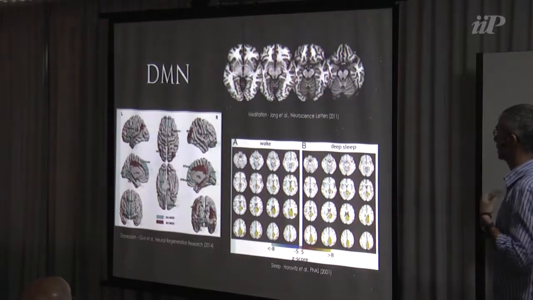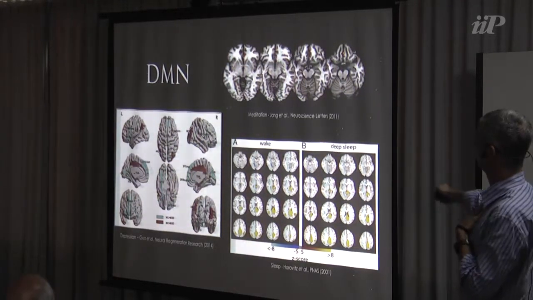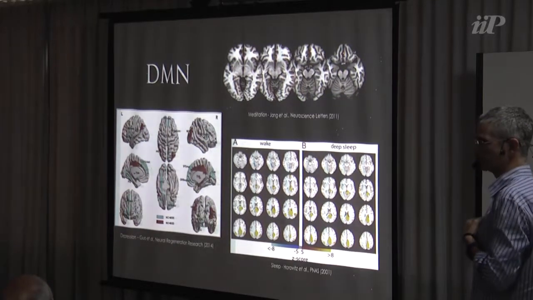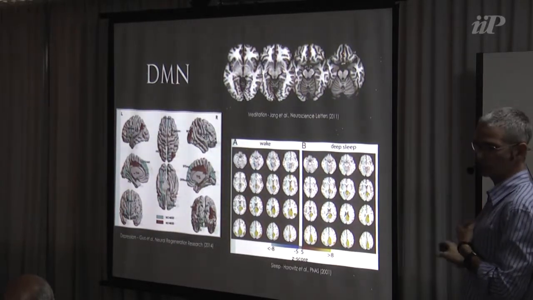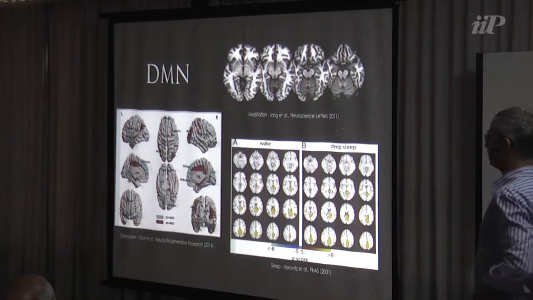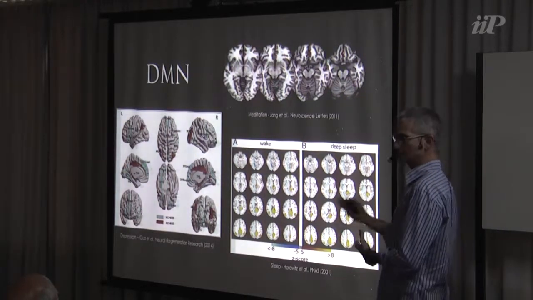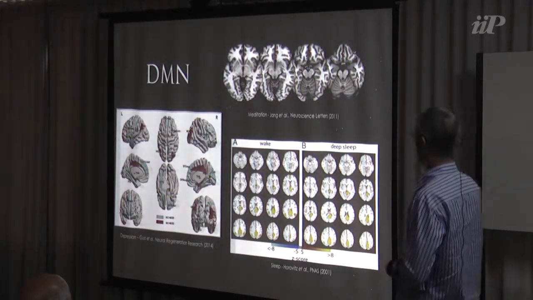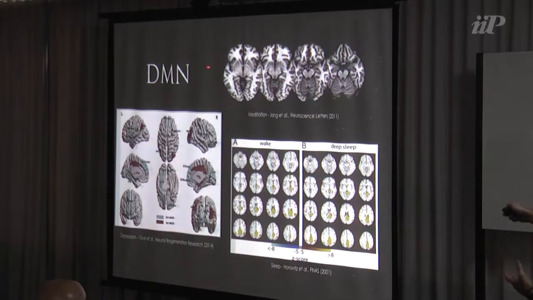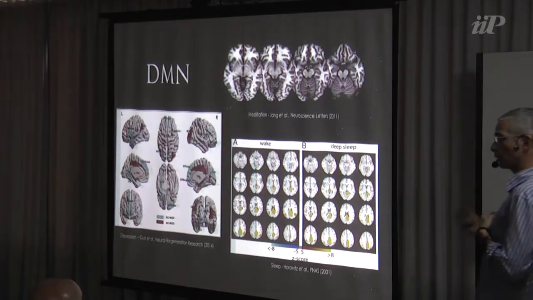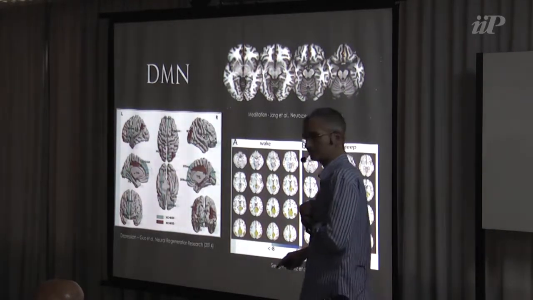One of these structures is what's called the default mode network. I'm not going to go into the details of the default mode network, but basically this is one of the resting state networks, and apparently the reason why it is here is because of my question. Apparently this is a network that's very important when you're at rest.